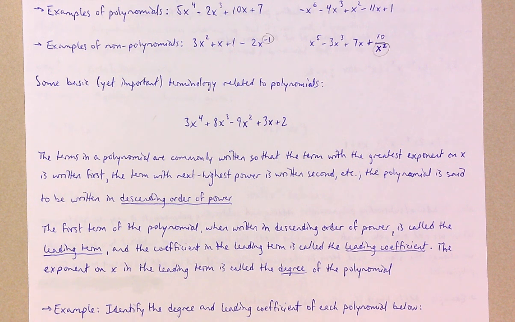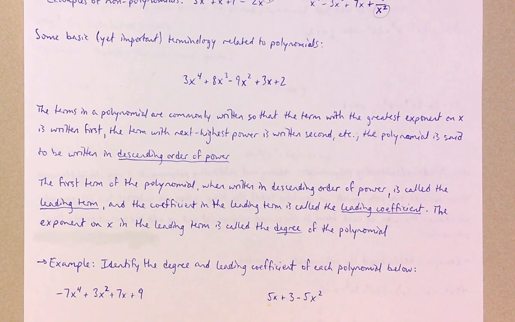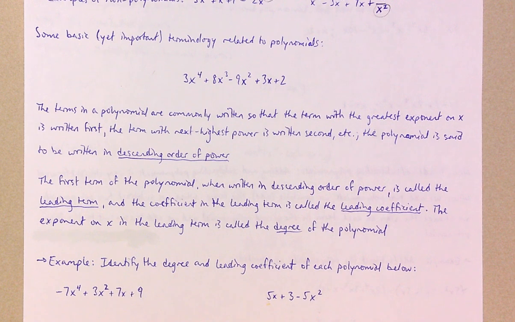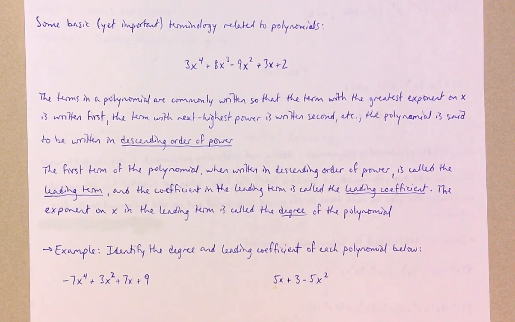And when we write our polynomials in descending order of power, the first term is called the leading term, and the coefficient that's in that leading term is called the leading coefficient. The exponent on x in the leading term is referred to as the degree of the polynomial.